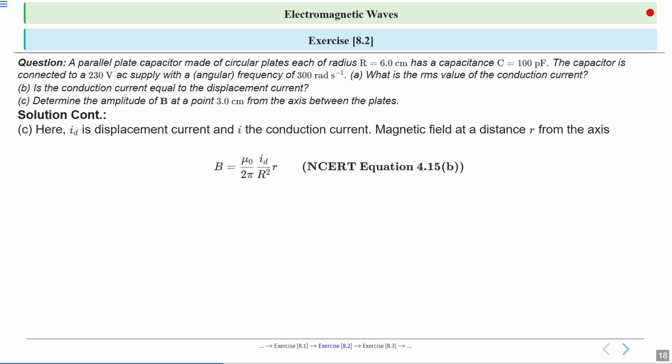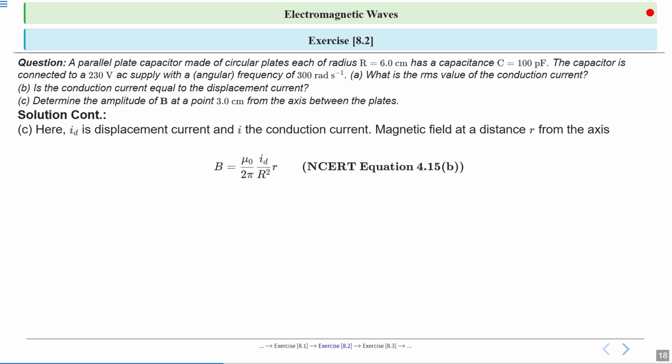The magnetic field inside a conducting wire is given by B equal to mu naught by 2 pi, ID upon R square, into r. Capital R is the radius of that wire, here the radius of the capacitor plates. Small r is the distance of the point from the axis of the wire at which the magnetic field is to be found, and mu naught is the magnetic permeability.